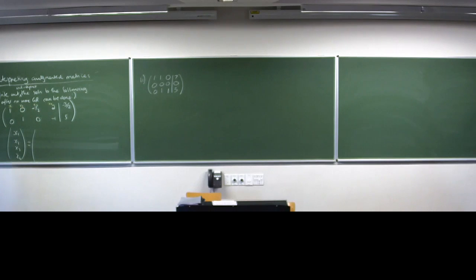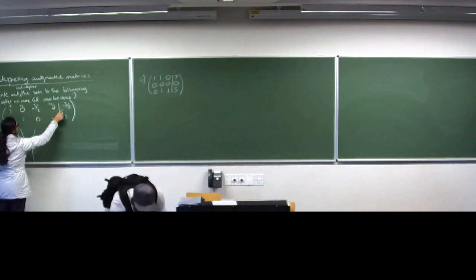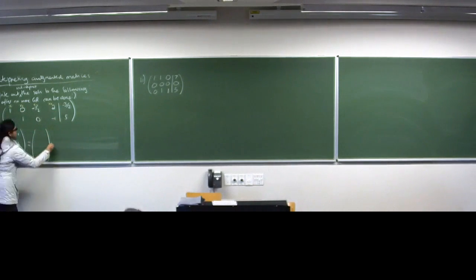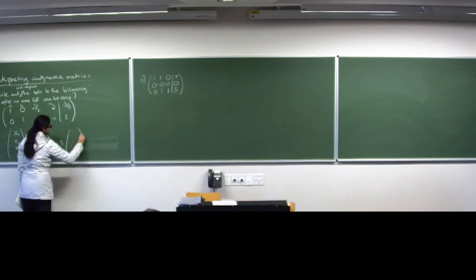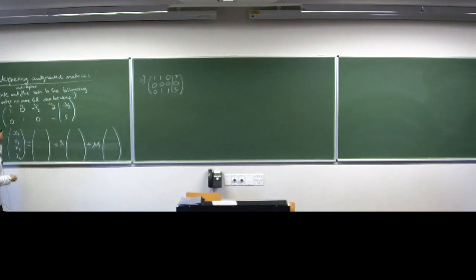All right? So here we write your x1 for your first values without the parameters. So this would be minus 3 over 2, 5, 0, and 0.